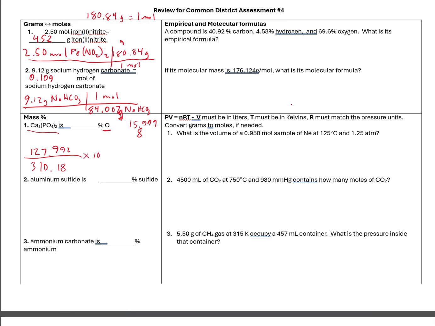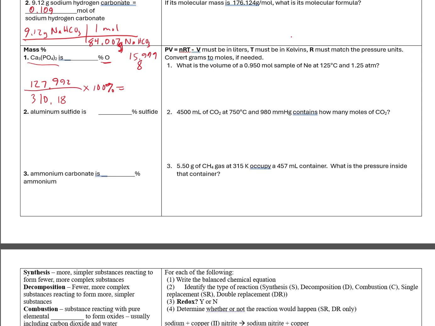So we just have to take that times 100%, and that'll get us our mass percent oxygen in calcium phosphate. So that turns out to be 41.3%.